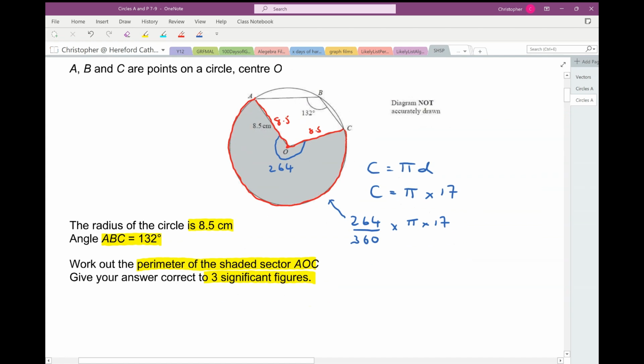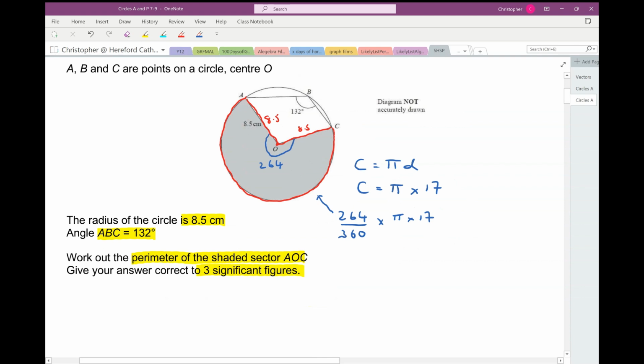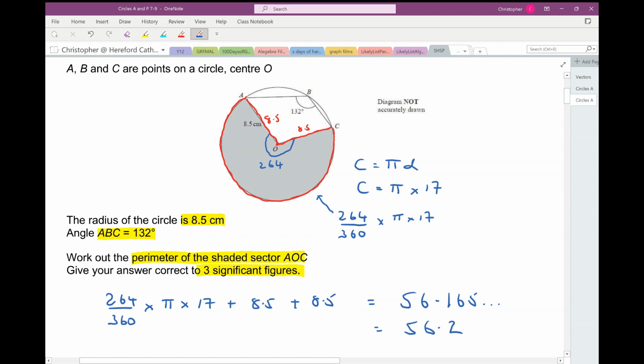The perimeter of the shaded sector will be 264 360ths of the circumference plus 8.5 plus 8.5, the two straight red lines. If you put that into your calculator, you get the answer 56.165 and so on, and so to 3 significant figures, 56.2.